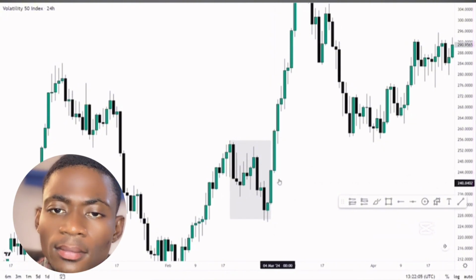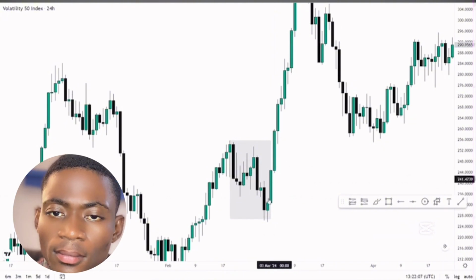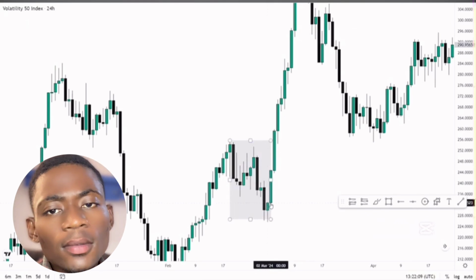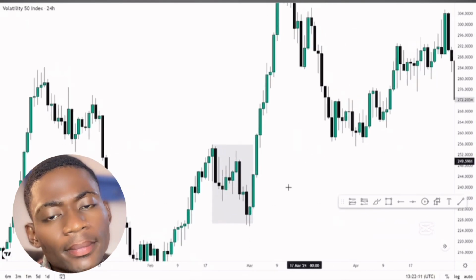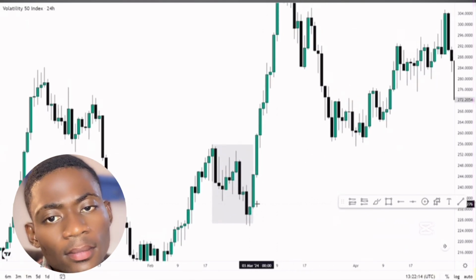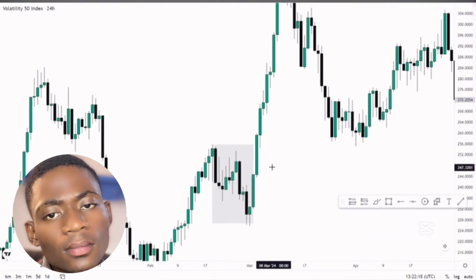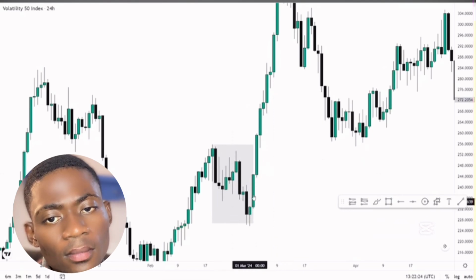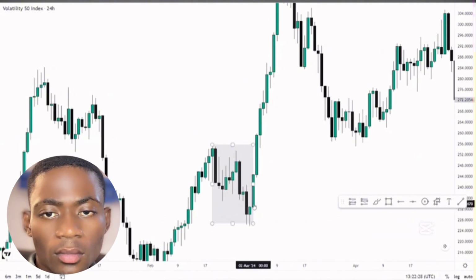There was no wick. The market created a fair value gap. You can see there was a fair value gap here. If you don't know what fair value gap means, I'll quickly explain it right now. When we have three sharp candles and wicks could not fill those candles, or the market could not use wicks in filling any of the three candles. For instance, this is number one candle, this is number two candle, and this is number three candle.